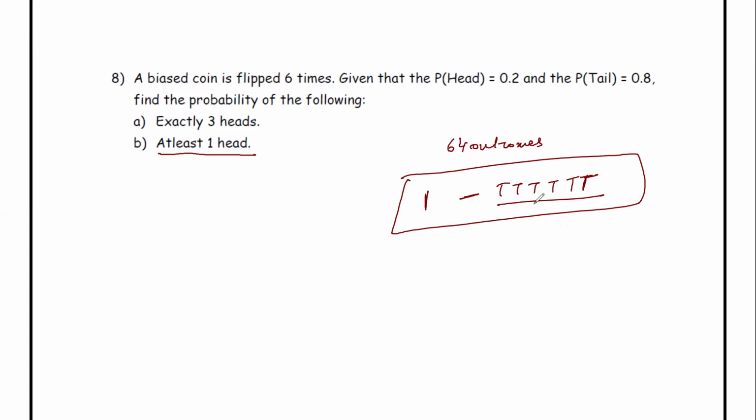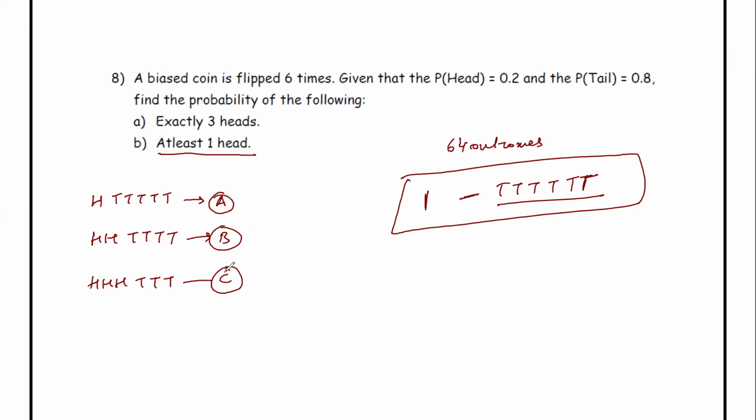So find the probability of this and subtract it from one, and that's your answer for at least one head. It's simple. Otherwise, what you have to do is first take one head and then all tails, and find the probability of this. Let's call it A. Then you take two heads and four tails, and take that probability as B. Then take three heads and three tails, and that's C. And then you have four heads and two tails, then five heads and one tail, and then all heads.